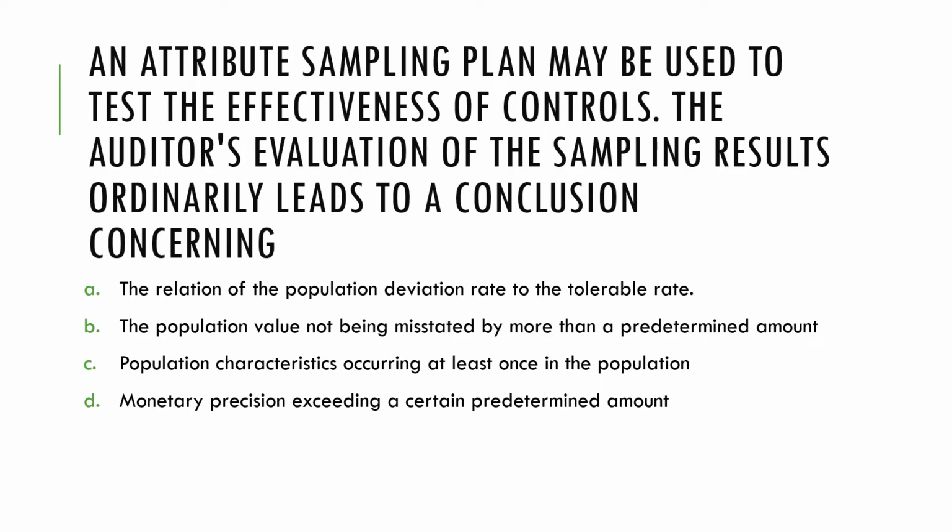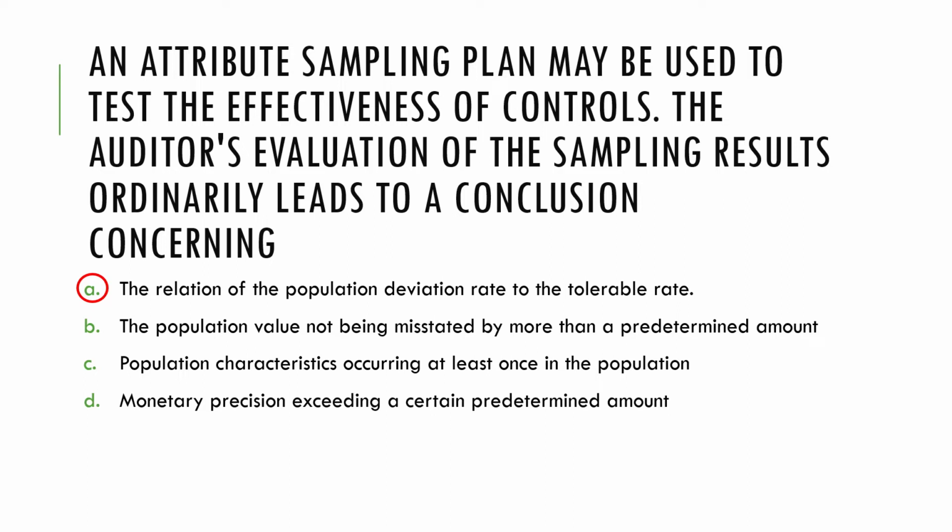And so, to represent attribute sampling in general, the answer will be letter A. We are concerned with the relation of the population deviation rate to the tolerable rate. The idea is always that we do not wish the tolerable rate to be breached by the deviations that we have found in the sample or that which eventually will be projected to the entire population.